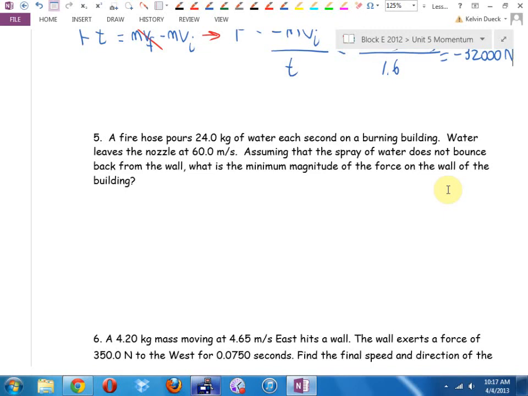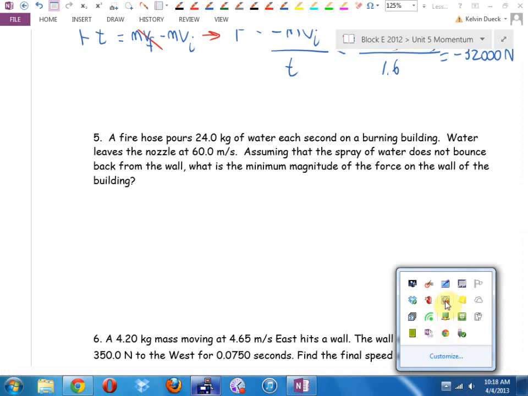I'm seeing a velocity. I'm seeing a mass. Do you guys see a time anywhere? Sam, you're nodding. Where is it? I disguised it. Oh, each second. Our time is going to be 1. That was sneaky of me, but the time is going to be 1.